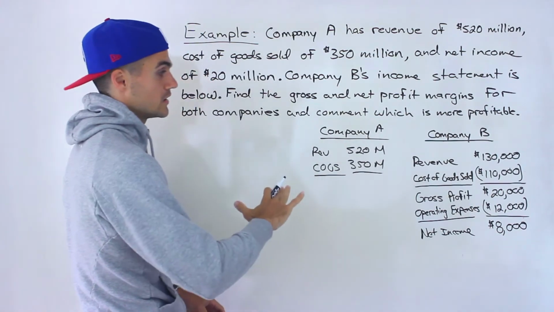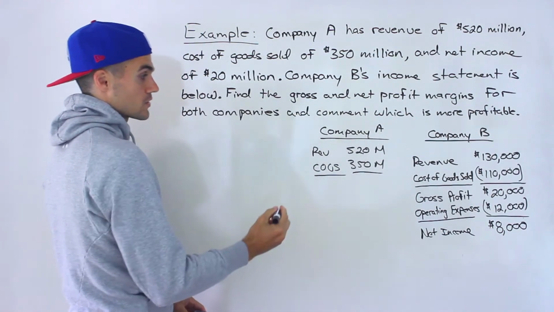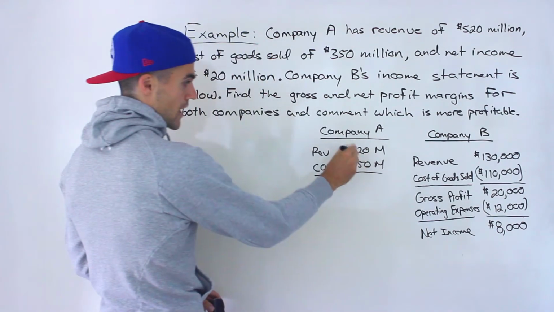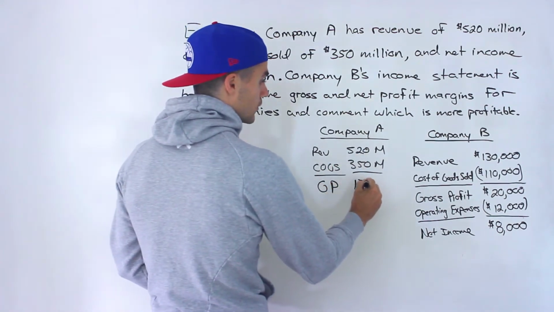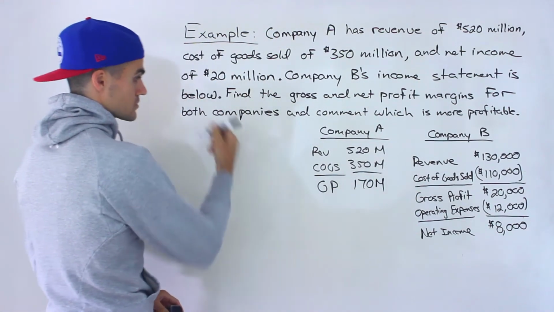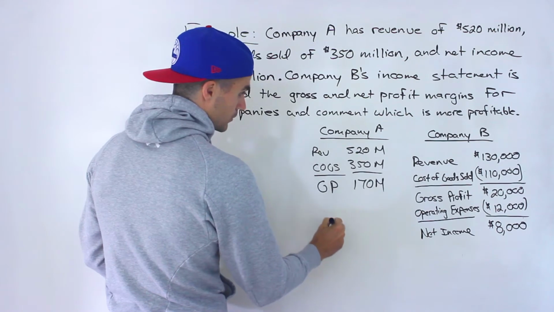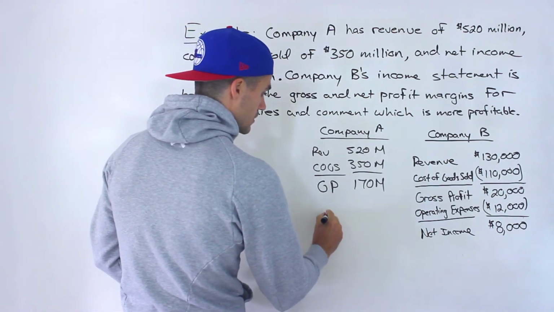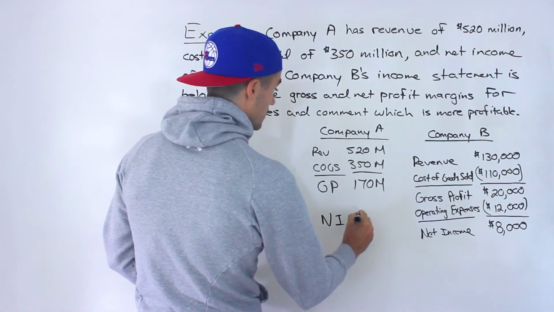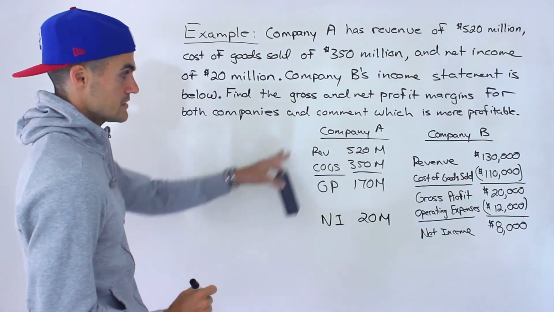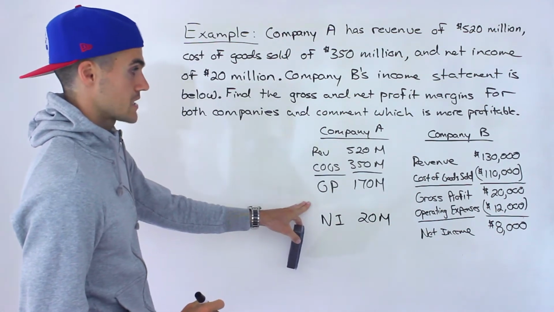However, we're going to need it because we have to find the gross margin. So the gross profit, if we subtract these values here, would be 170 million. And then we're also given the net income. So after a couple of operating expenses, which we actually don't need for this question, the net income is 20 million. So that's company A's income statement.